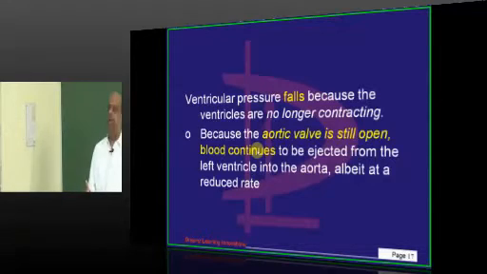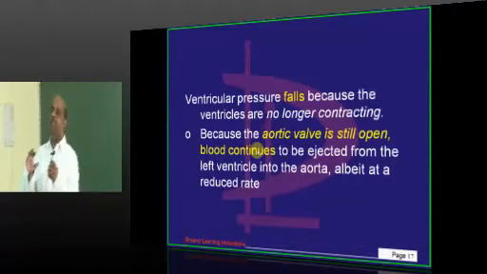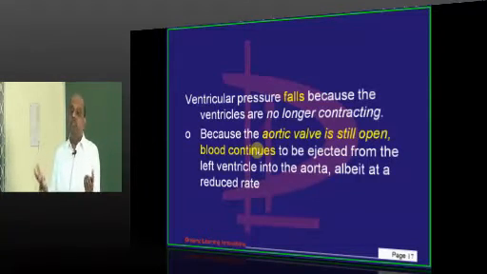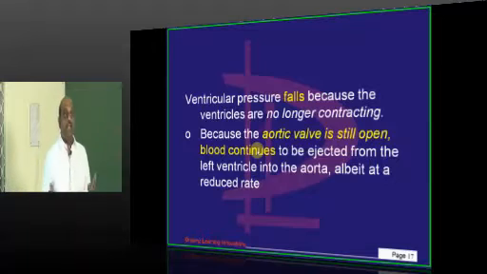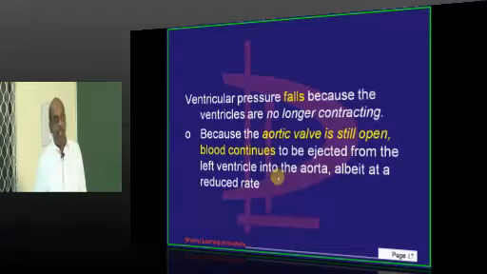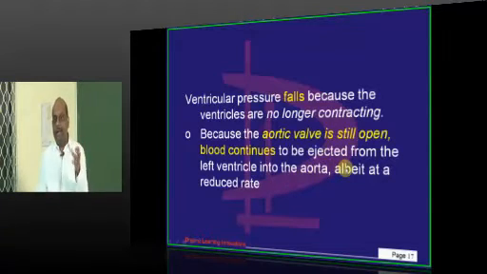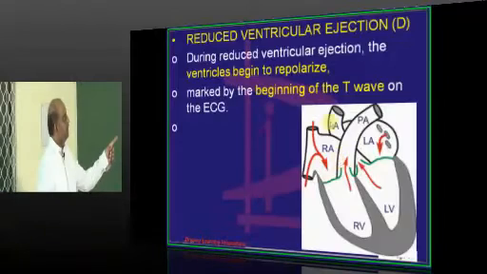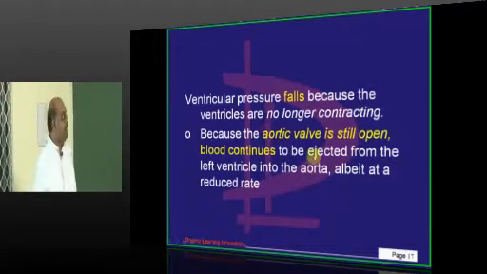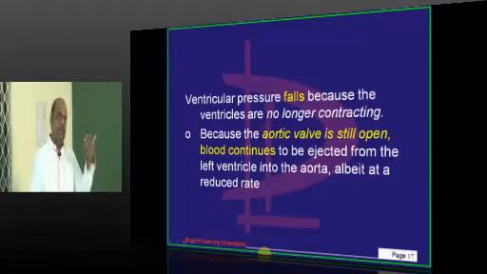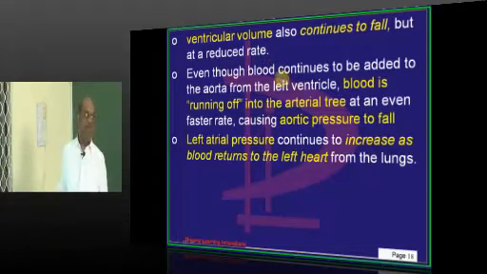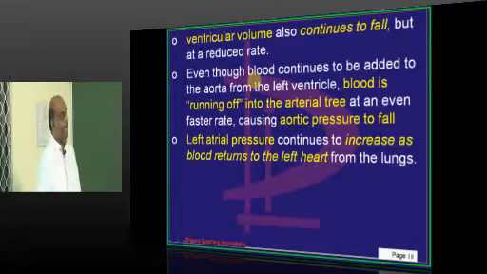So, already majority of the ventricular blood is vomited into the root of aorta. Ventricle blood volume is very low. Hence, how is the ventricular pressure? Ventricular pressure will be falling. And ventricle is not really contracting anymore during the reduced ventricular ejection. And since the aortic valve is still open, the blood continues to leak into the aorta. And the ventricular volume continues to fall down, but at a reduced rate.